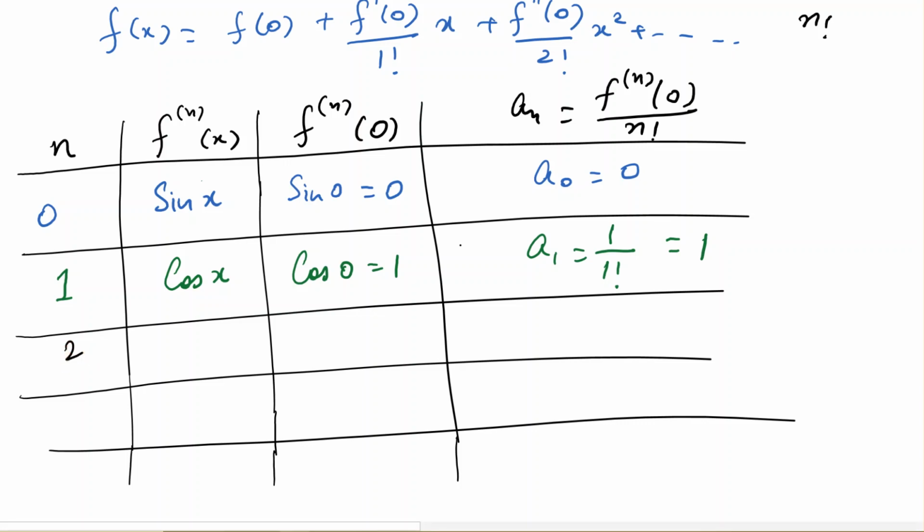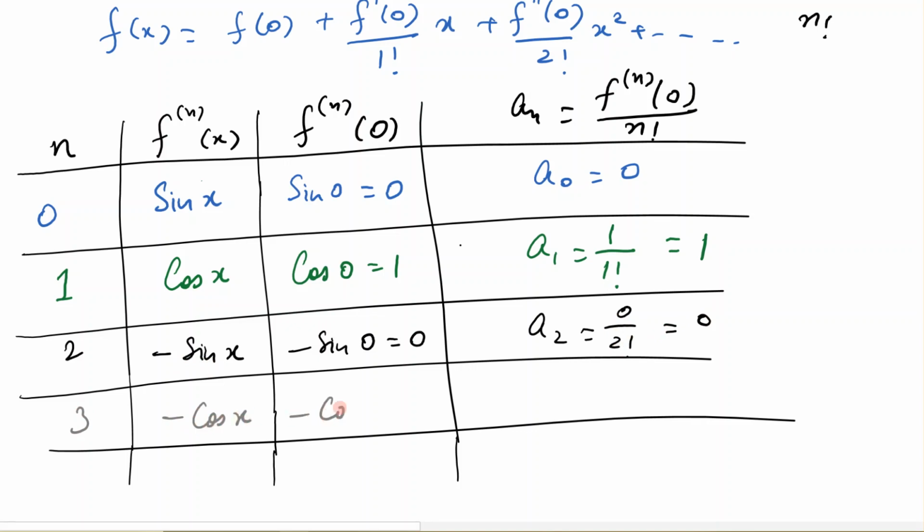Then we have n equal to 2. The second derivative is the derivative of cosine, which is negative sine x. So negative sine 0 is just 0. So a2 is 0 over 2 factorial, which is just 0. And then we have 3. The derivative of negative sine is negative cosine x.